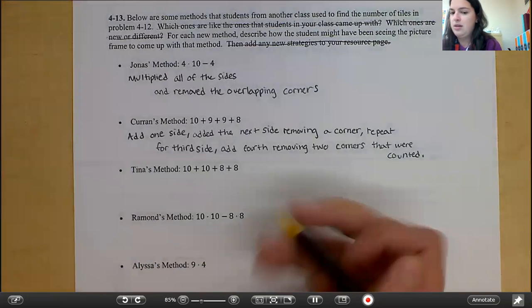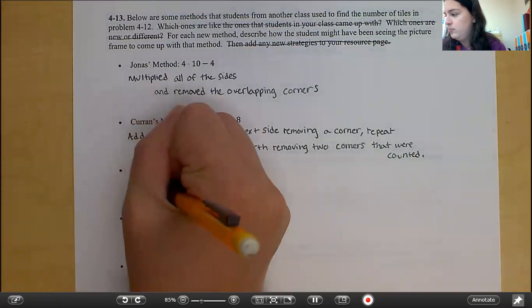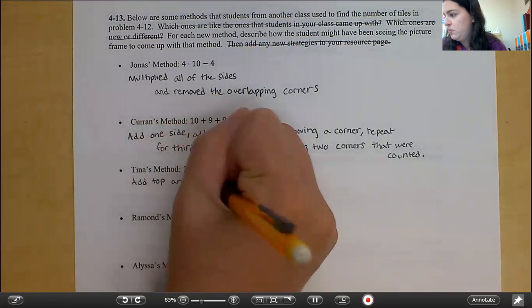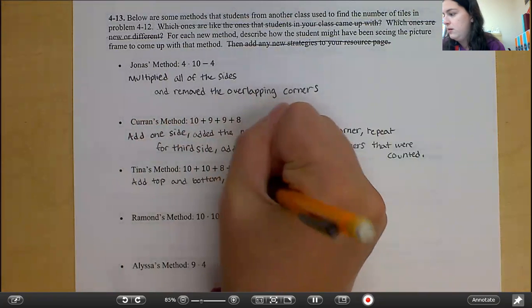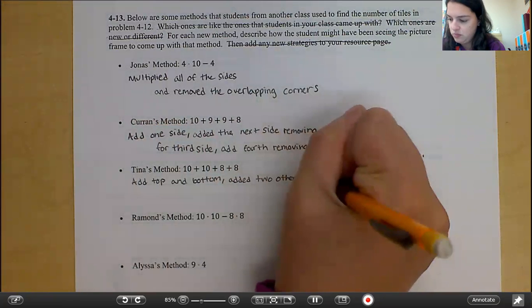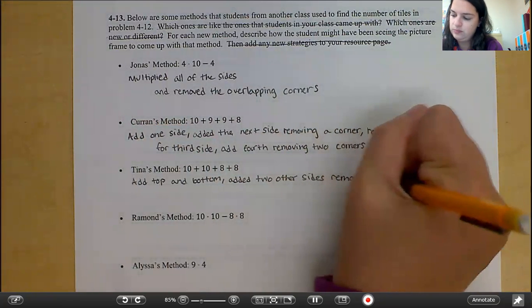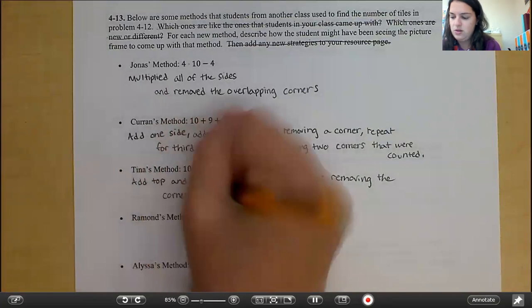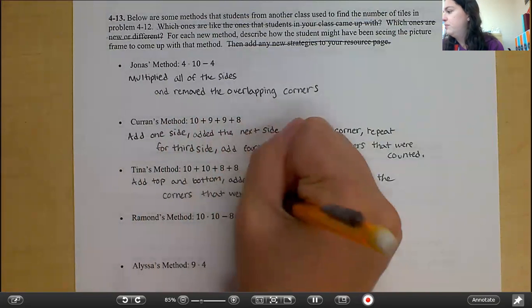Tina did 10 plus 10 plus 8 plus 8. She added the top and bottom. Then added 2 other sides, removing the corners that were already counted.